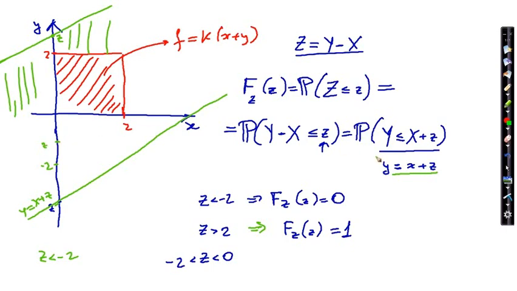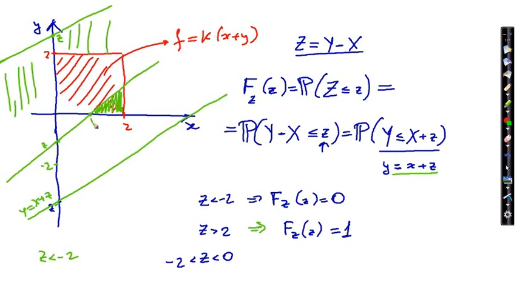So the line y is equal to x plus z will pass through this point. I will have this kind of graph for this line. And I need to take the lower part for this line and intersect it with the support, with this square. So I will have this portion.